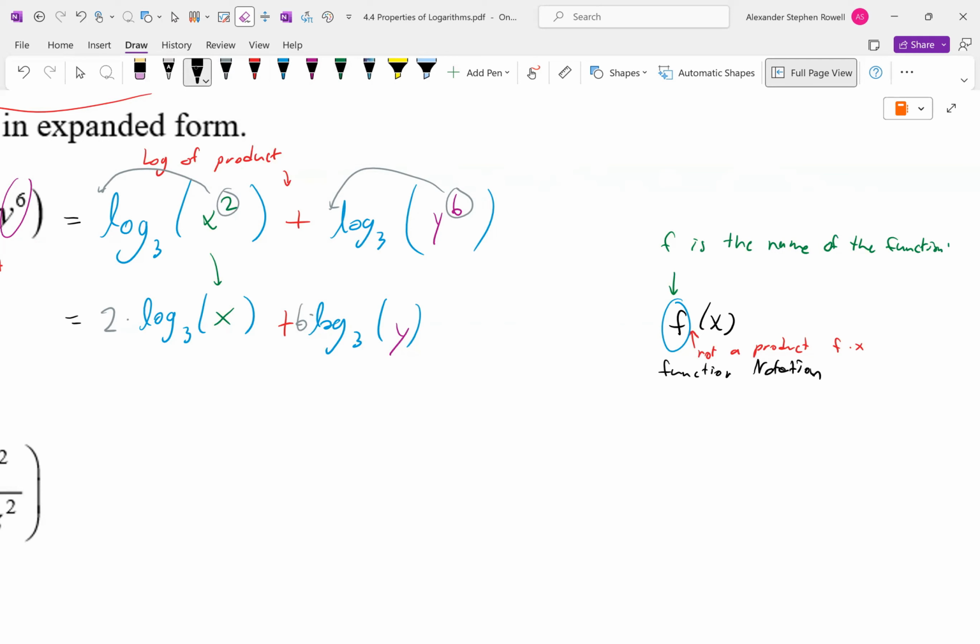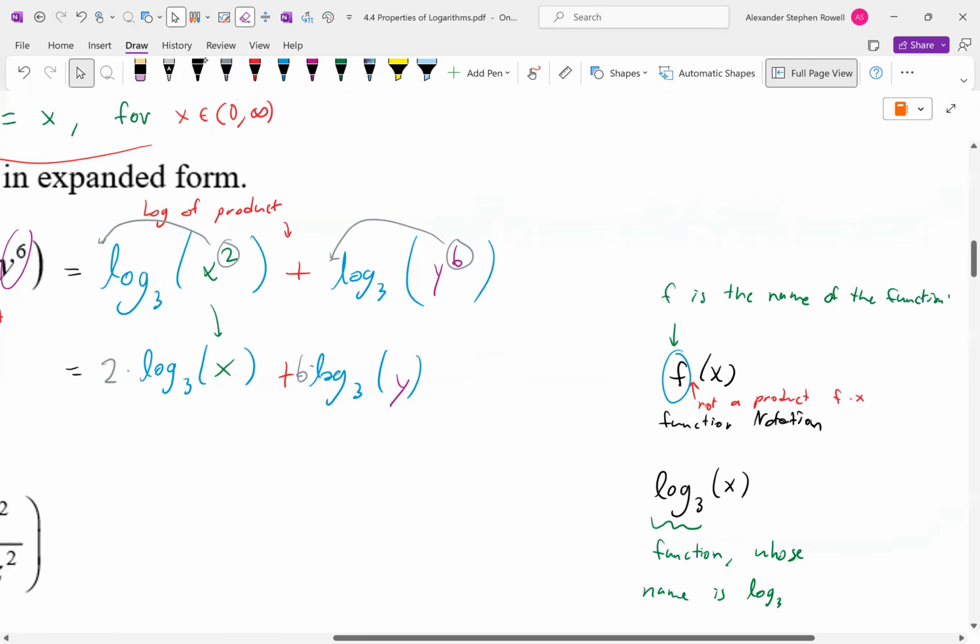So the same thing goes for log base 3 of x. This is function notation. So that means that this is a function whose name is what? Log 3. So it is one thing that cannot be separated from the x, right? That whole thing is one thing, the entire function.